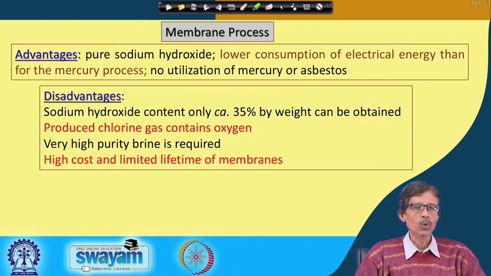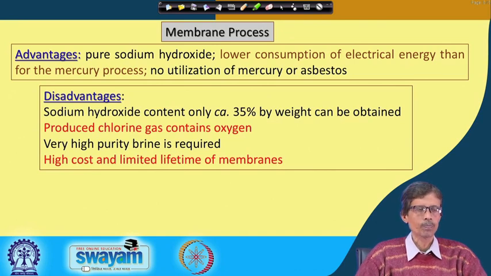Then the produced chlorine gas will also contain some oxygen, as we all know, because we are adding water to the system. So, electrolysis of water can give rise to the production of hydrogen as well as oxygen. Until and unless you design a new electrode type or new electrode material, you cannot avoid the contamination of the chlorine gas by the oxygen produced through the oxidation of the water molecules.